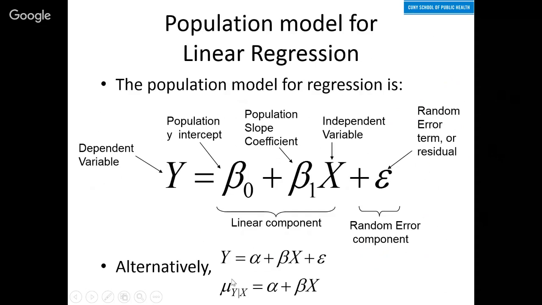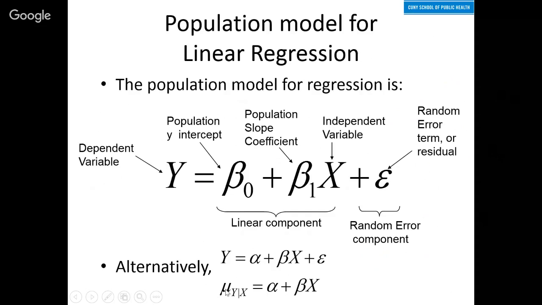But the second one is a little bit different, and this is describing just the so-called systematic component of this model. And it's saying that the mean value of y given any value of x is described as your intercept plus your slope times x.